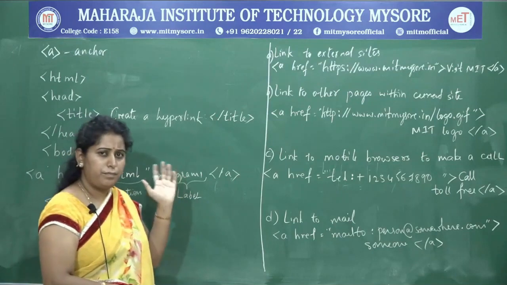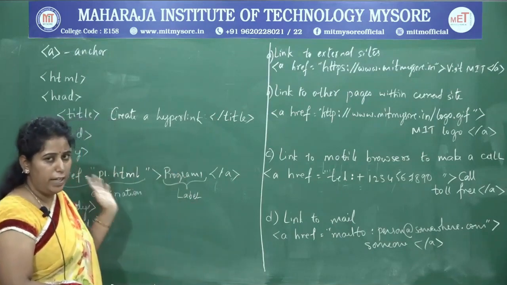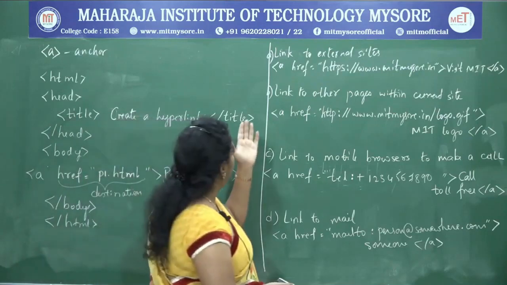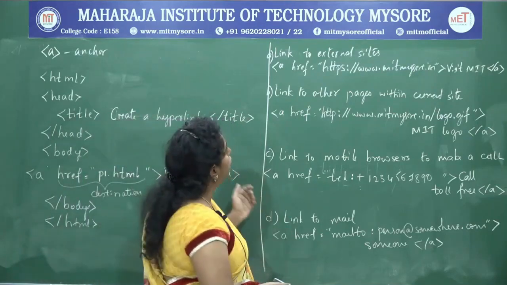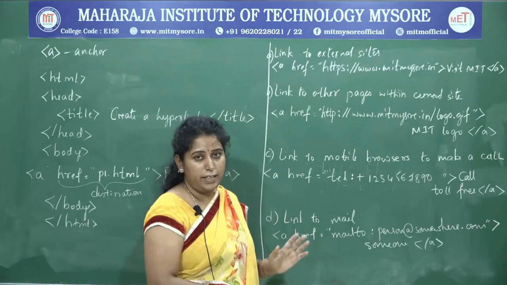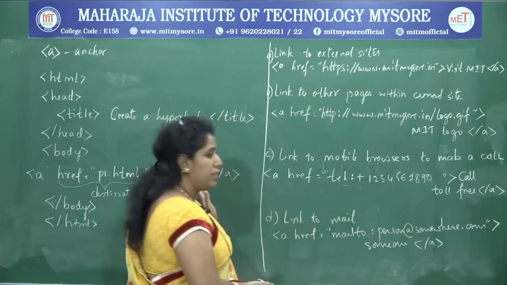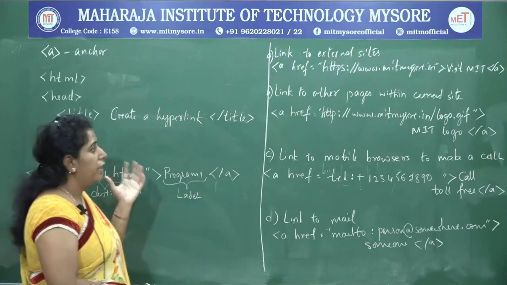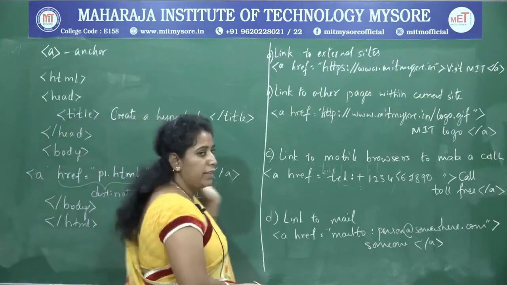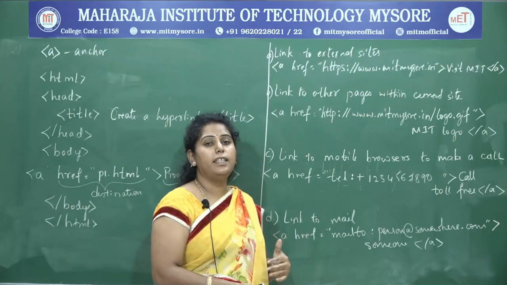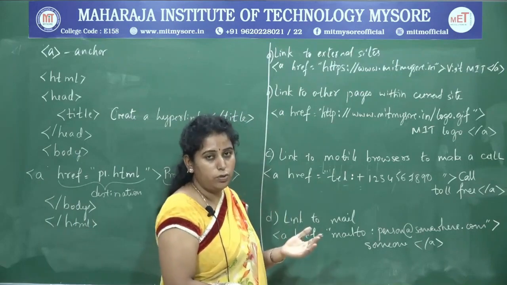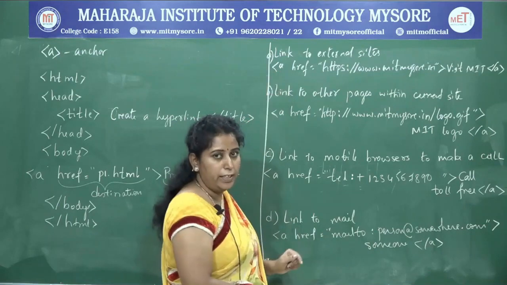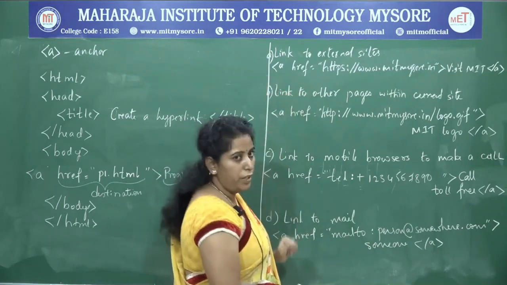Okay, so this is how a hyperlink can be created by making use of an anchor tag. There are certain applications of using a hyperlink, that is the A tag. For example, you can take up a first example, link to external sites. So it means that not only for local files, the anchor tag can be used for accessing external sites also. So for example, you can notice A stands for anchor tag, href is hypertext reference.